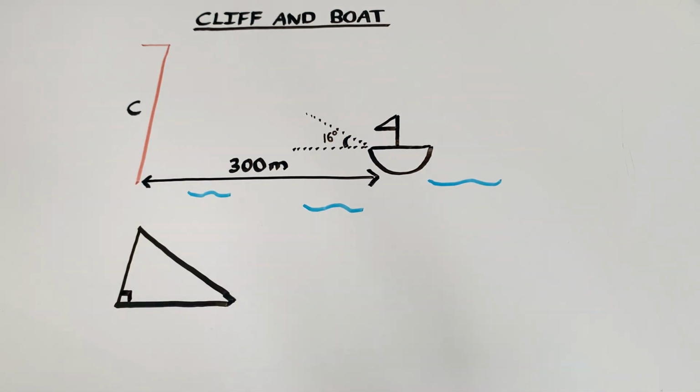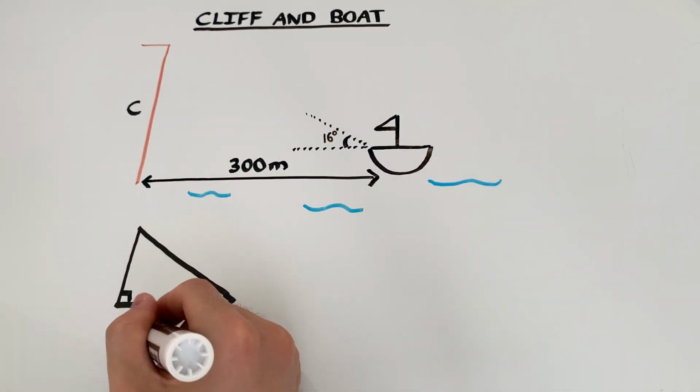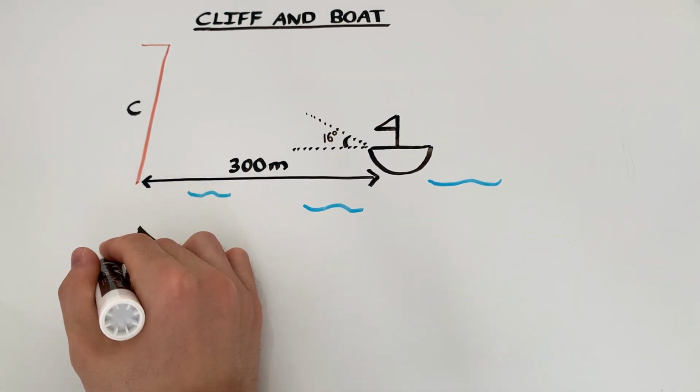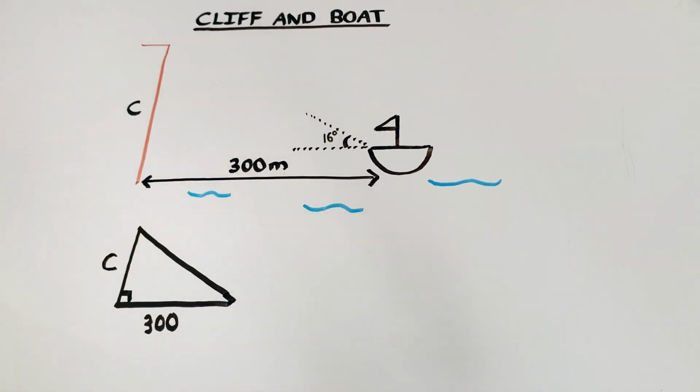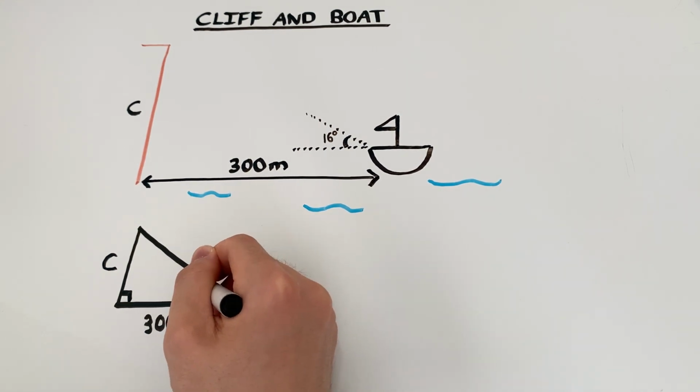Now it's time to label. The boat is 300 meters away from the cliff. The cliff is C meters tall, and the angle of elevation is given to be 16 degrees.